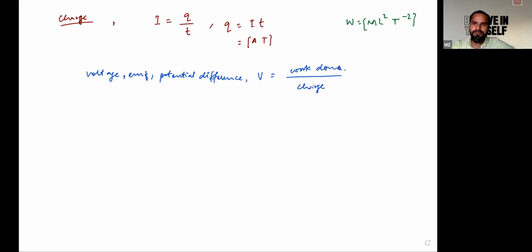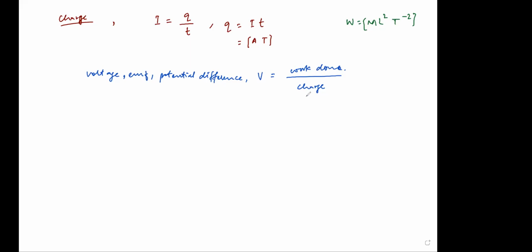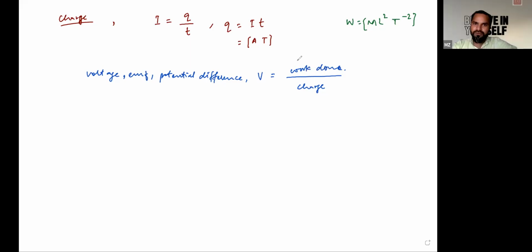How to solve this? Suppose for this particular work done, we have the dimension formula as M L squared T to the power minus 2. So just write the dimension, divide by charge, which we have as A into T. On simplifying, there is only one M in the numerator, there is L squared, and we have time T raised to the power 1 in the denominator.